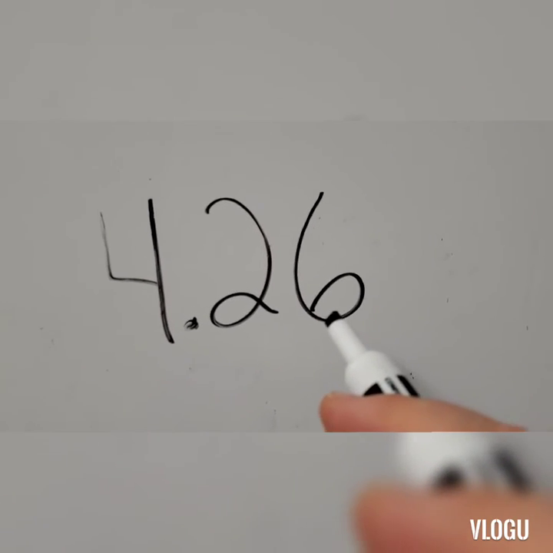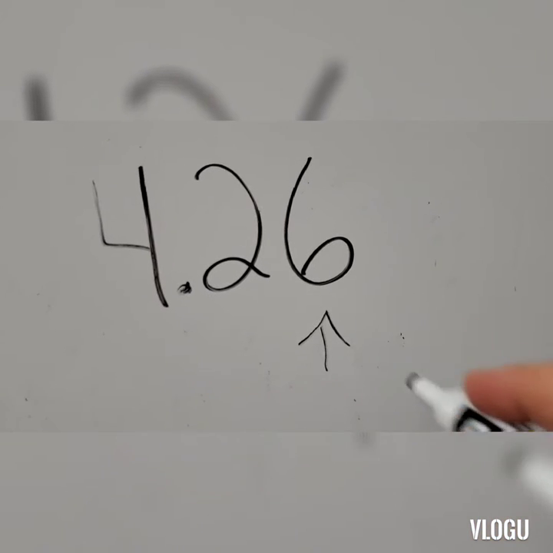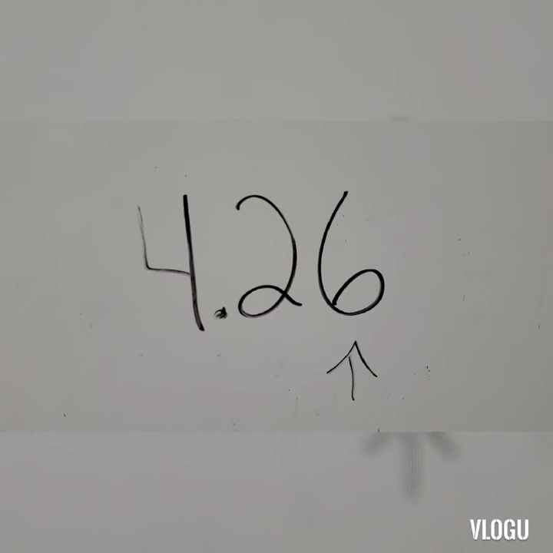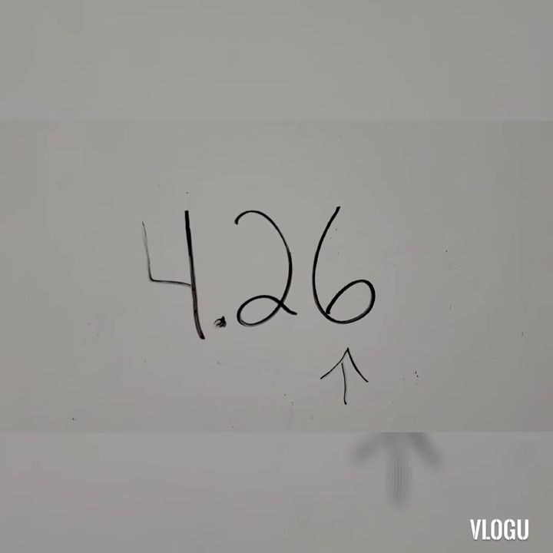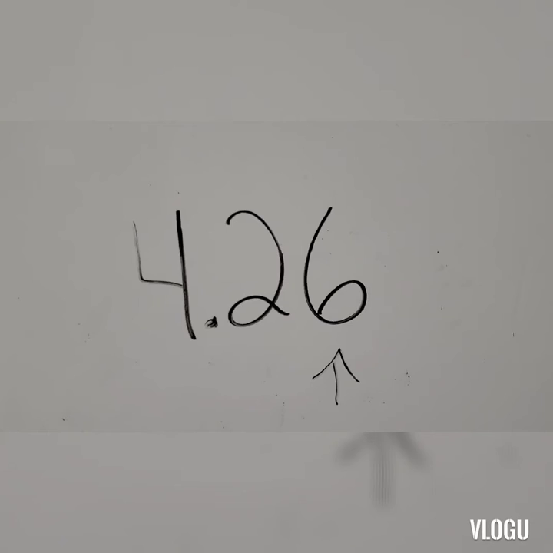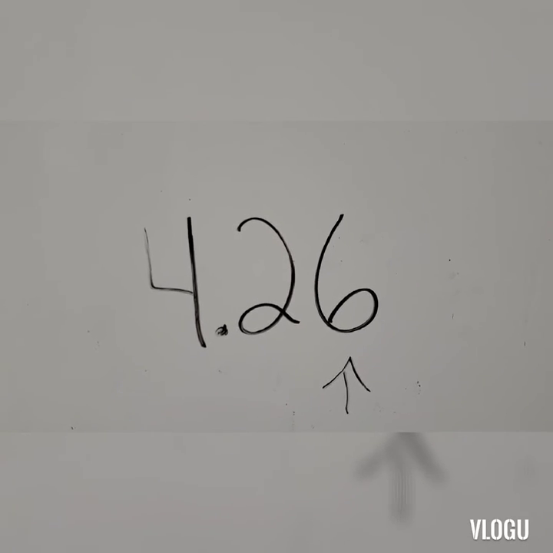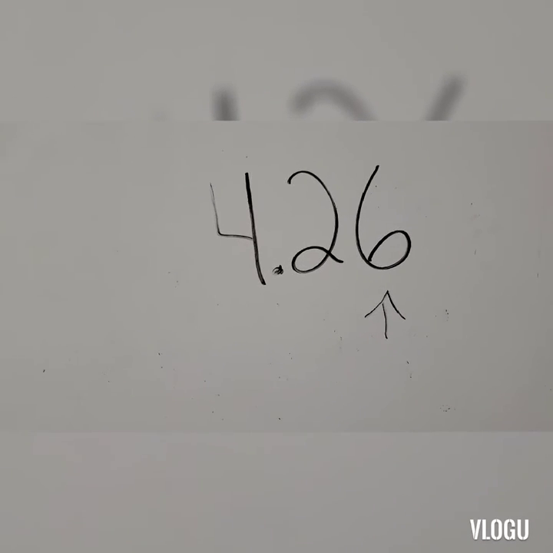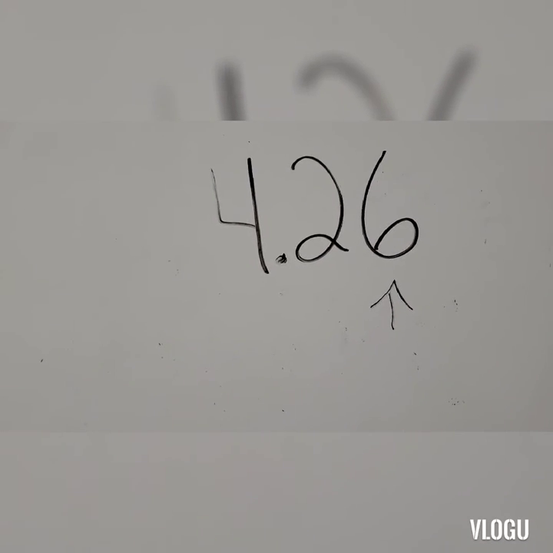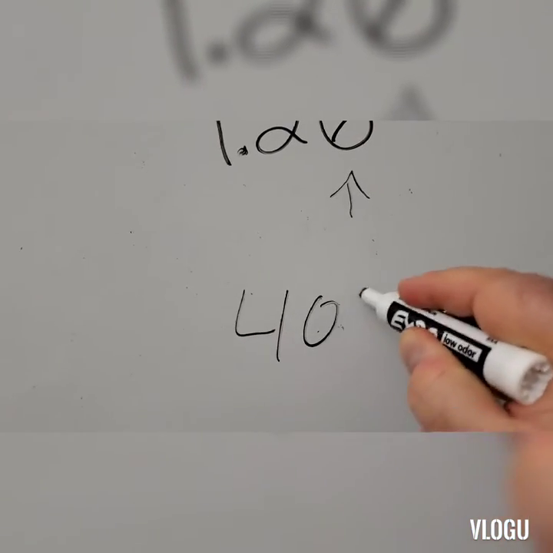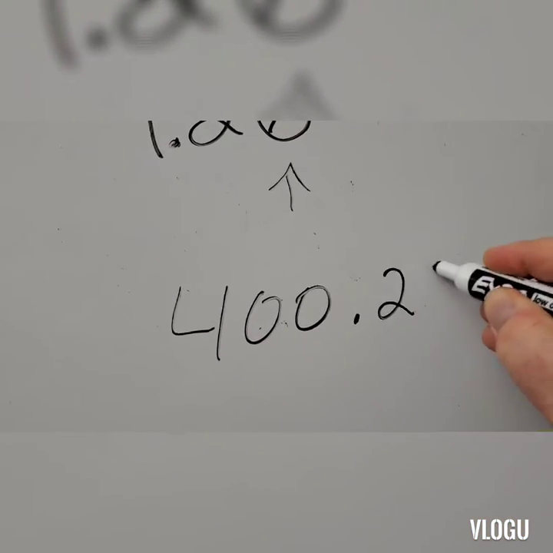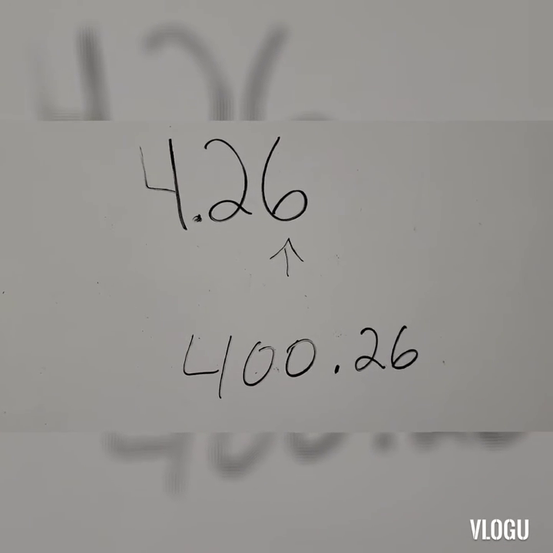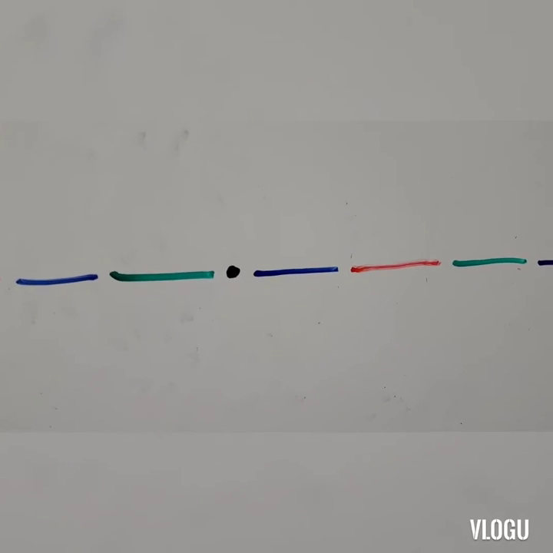And when you finish the 26, we're waiting for a place value of hundredths. It technically, if you say 4, well, that wouldn't really be right. That would be 4 and 26 hundredths. But this would be 426 hundredths.